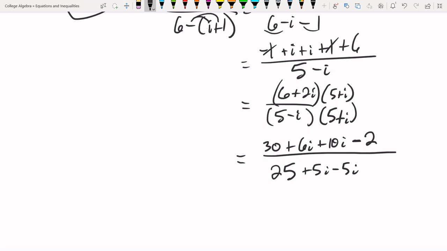Negative i squared is negative negative 1, which is positive 1. 28 plus 16i on top, those cancel. 26 on the bottom.